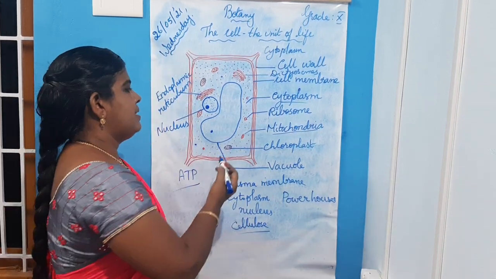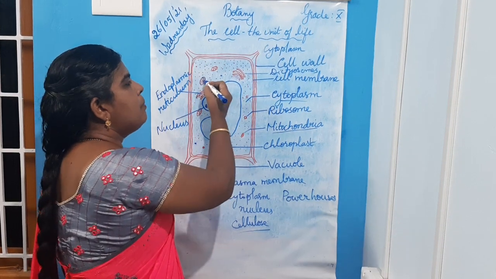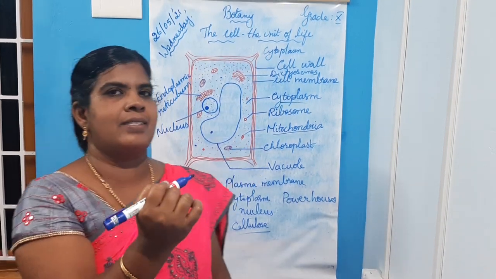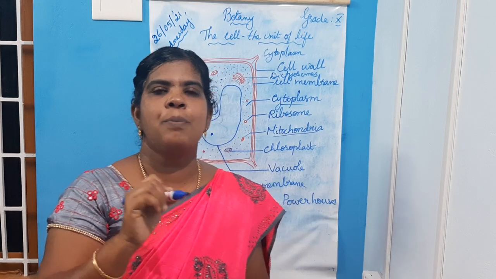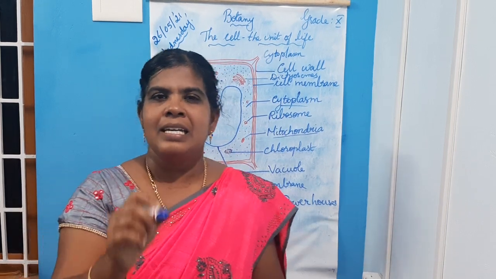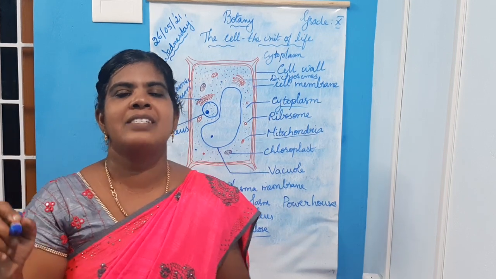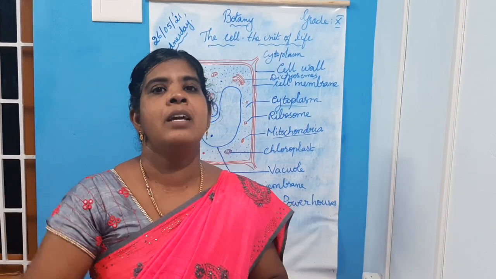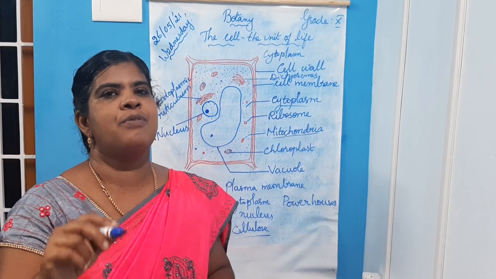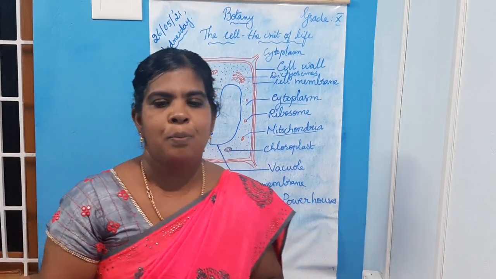Next, about plastids. Plastids are pigment-containing organelles present in the cytoplasm of plant cells. They are absent in animal cells. Being pigment-containing, they give coloration. The important plastid found in plant cells is the chloroplast.